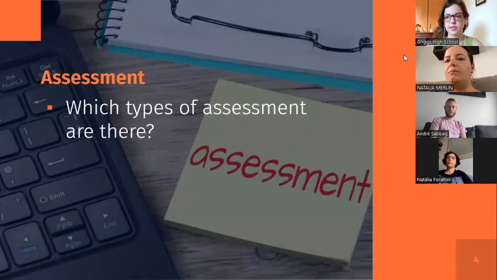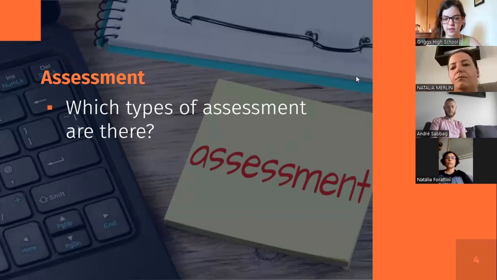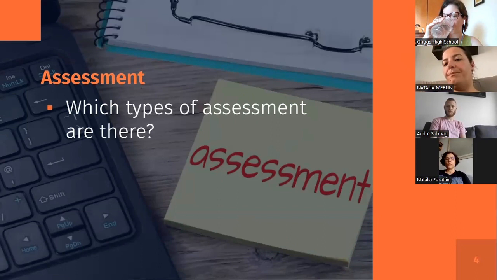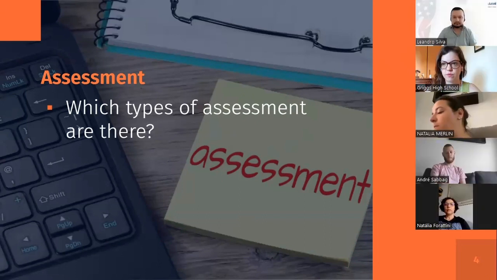Okay, so which types of assessments are there? If you think about any type of activity that can be an assessment, what are they? What examples can you give? Quizzes, exams, observation, discussions, self-reflection. What else?